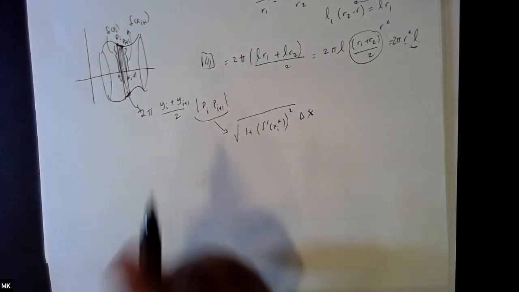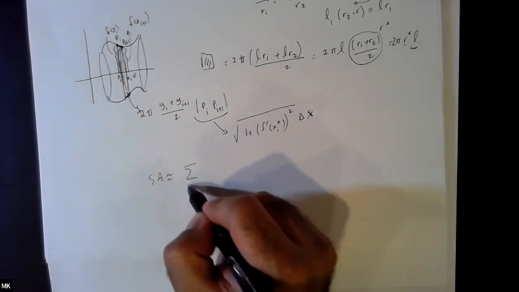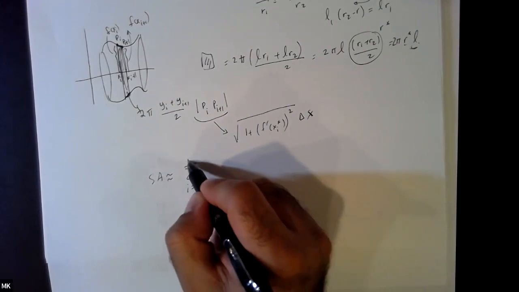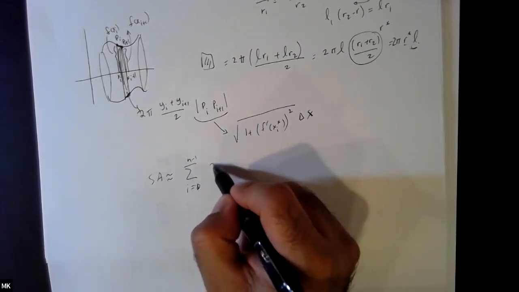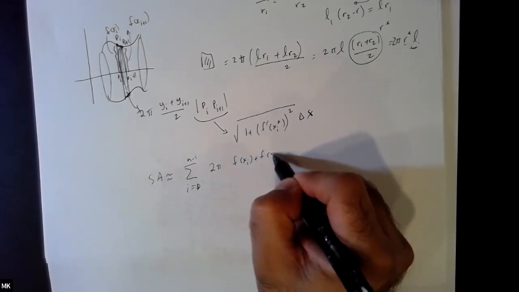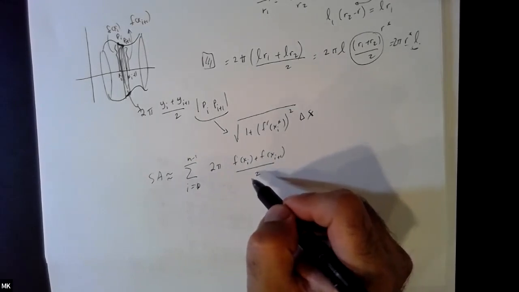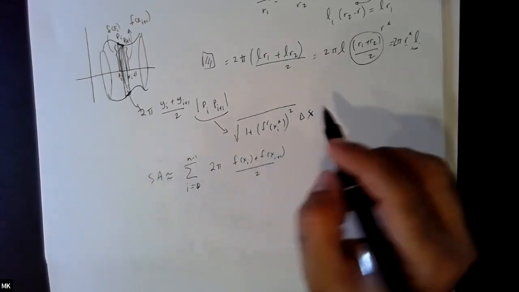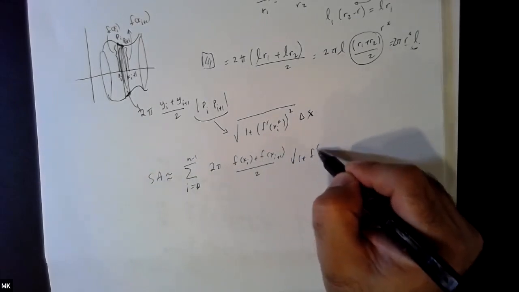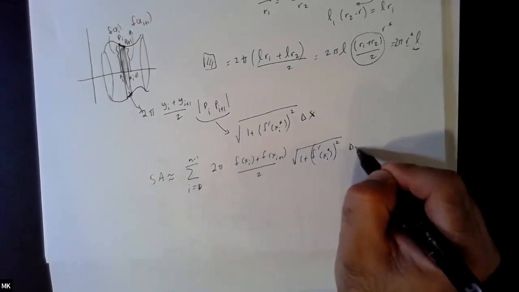Putting all these things together, you're going to get the surface area is approximately the sum, with i equal to 0 to n minus 1, of 2 pi times (f of xi plus f of xi plus 1) over 2, times the square root of 1 plus f prime of xi star squared, delta x.